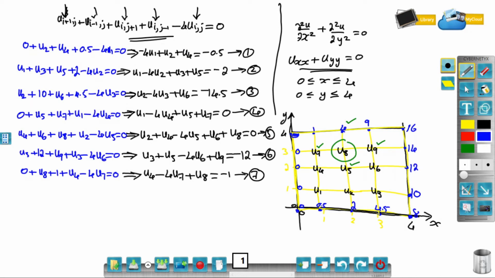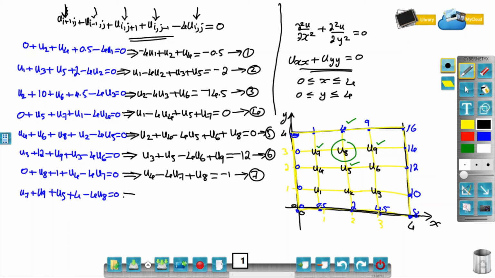We have u7 plus u9 plus u5 plus 4 minus 4u8 equal to 0 after applying standard 5-point formula.